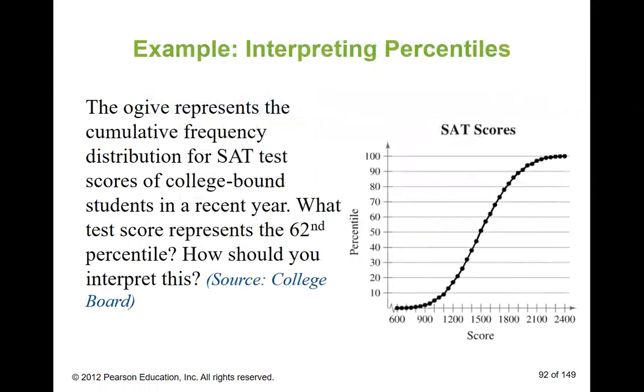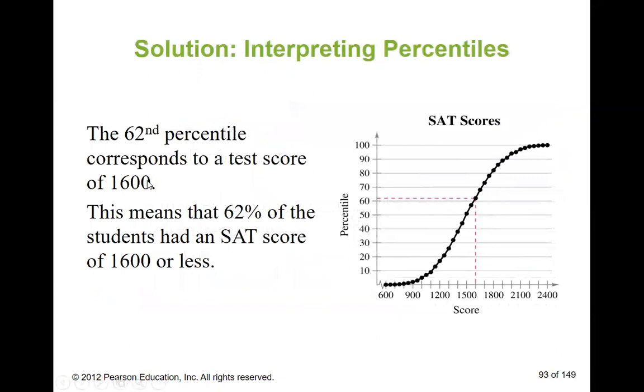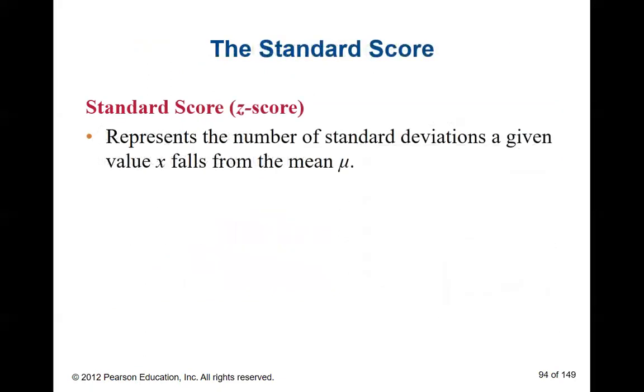If you got your test score back and it said you were in the 62nd percentile, if this was the correct graph, that would mean you scored about what? Well, here's 62 about. If I track over, that's about what score? Looks like maybe about 1600, right? This was on a 2400 scale. Okay, so a score of about 1600. 62% of students had an SAT score of 1600 or less.